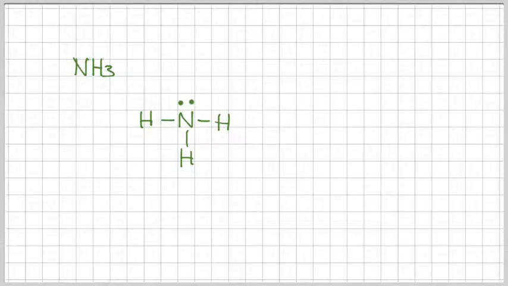So let's just apply my shortcuts. Is there a lone pair on the central atom? Yes. So the first condition of no lone pairs is not met. Therefore, this is a polar molecule. Is that easier than adding vectors? Yeah, that's why I'm telling you about it.